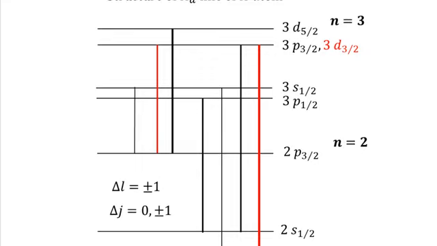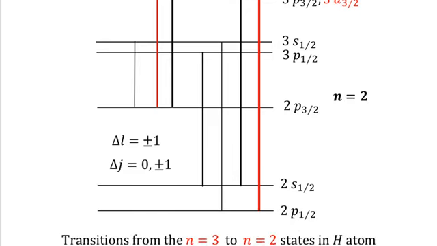And the levels corresponding to n equals 2 are p1/2, s1/2, and p3/2. These are the n equals 2 levels in the hydrogen atom according to fine structure and Lamb shift, and the transitions have been shown.